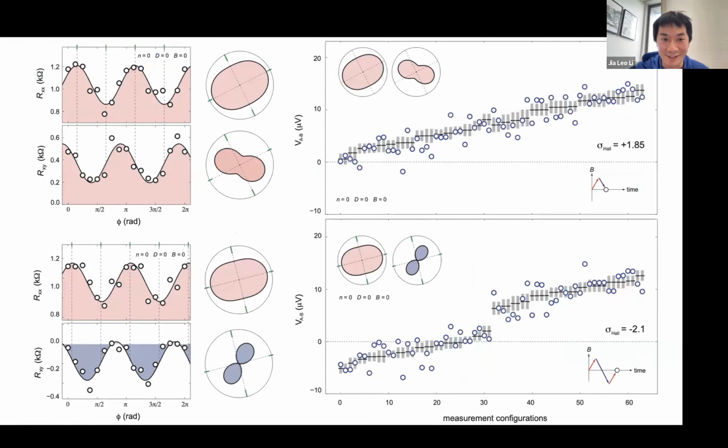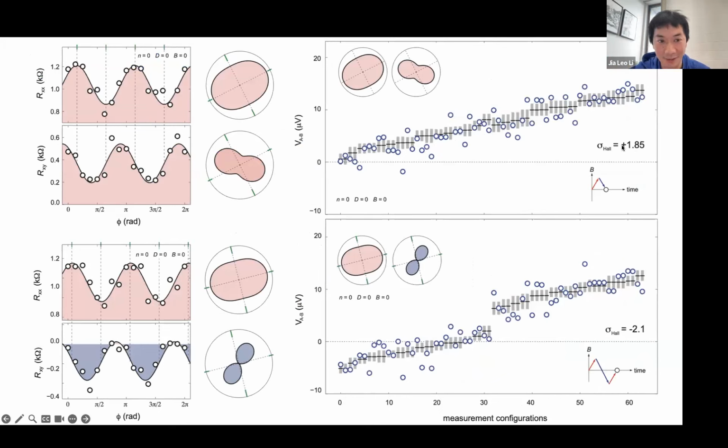We can actually go one step further, right? This is just one point in two channels, and this is a more extensive measurement from many different configurations. The bottom axis, different points come from different configurations measured at the same density and same displacement field. And what we're doing here is fitting it using one conductivity matrix.